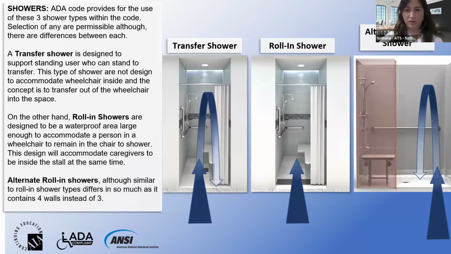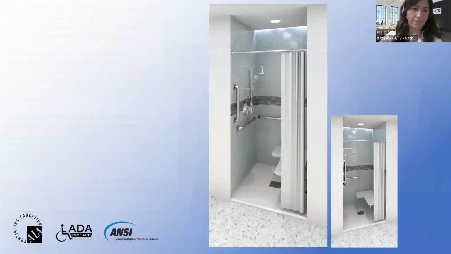And lastly, the alternate rolling shower is similar to the regular rolling shower, but it contains 4 walls instead of only 3. With the alternate rolling shower, a 36-inch wide minimum entry is required at one end of the long side of the compartment.